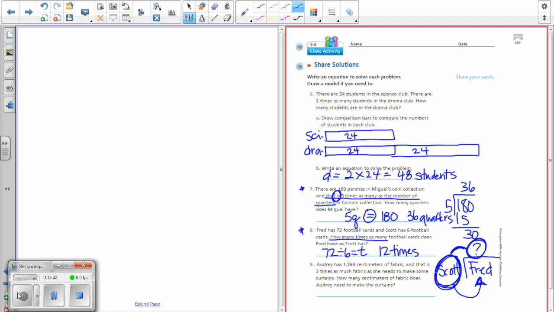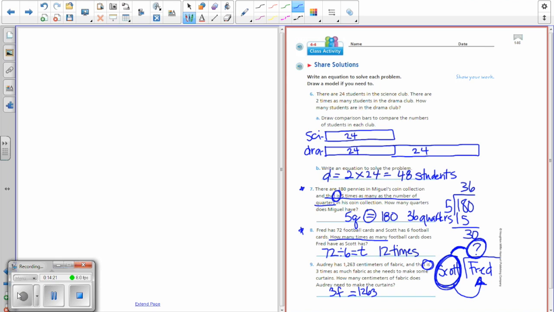Let's look at number 9. Audrey has 1,263 centimeters of fabric, and that is 3 times as much fabric as she needs to make some curtains. How many centimeters of fabric does Audrey need to make the curtains? Well, when I'm reading this, I hear Audrey has this really big number, and that is 3 times as much fabric as she needs. So I'm hearing 1,263 equals 3 times something.